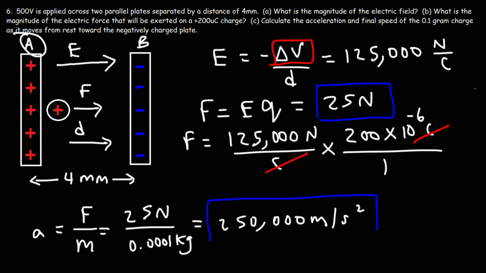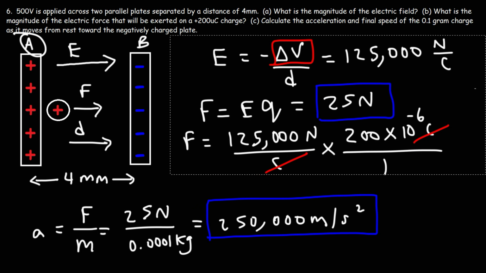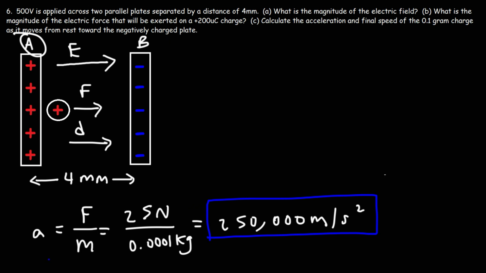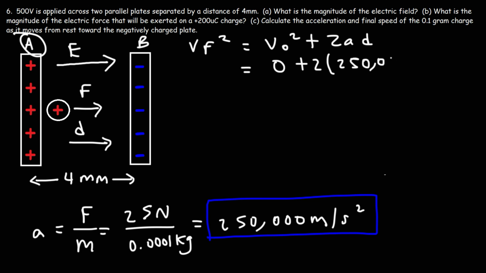So now we could use this to calculate the final speed. We can use v final squared is equal to v initial squared plus 2ad. We know the initial speed is 0. It moved from rest from the first plate. We have the acceleration, which is 250,000, and we have the displacement.